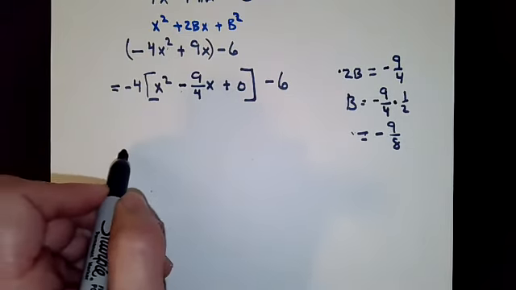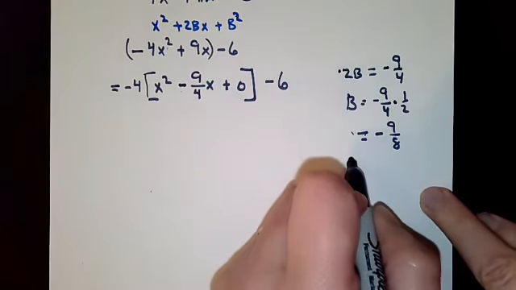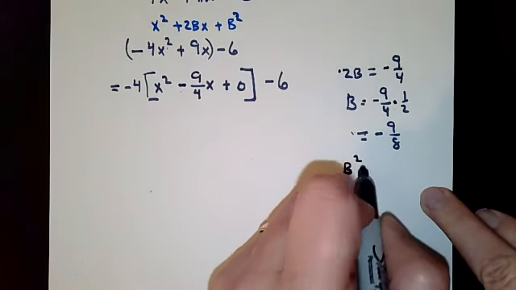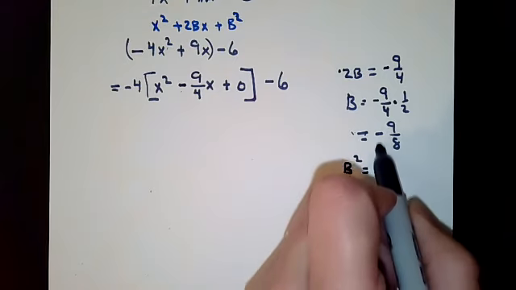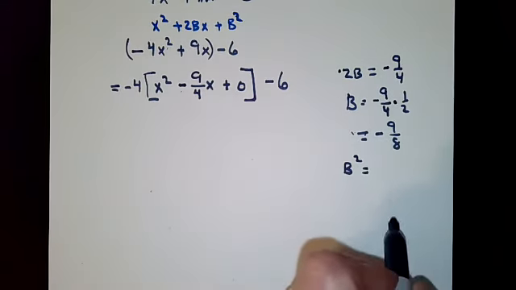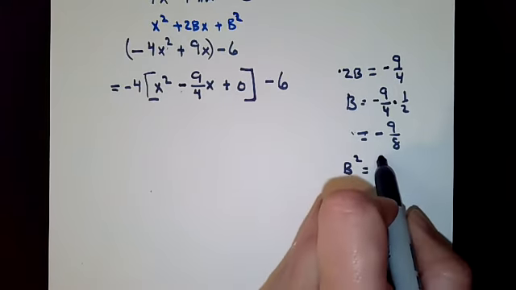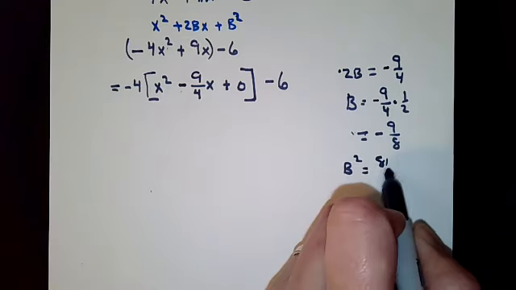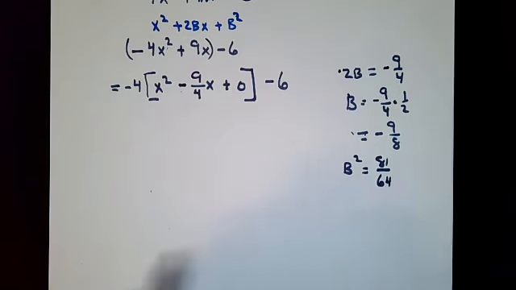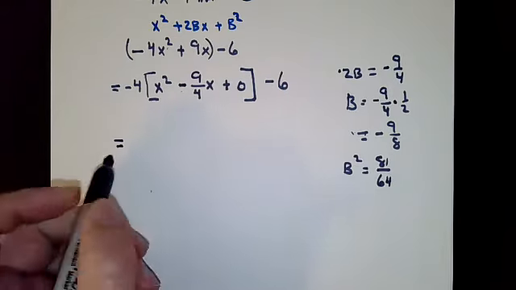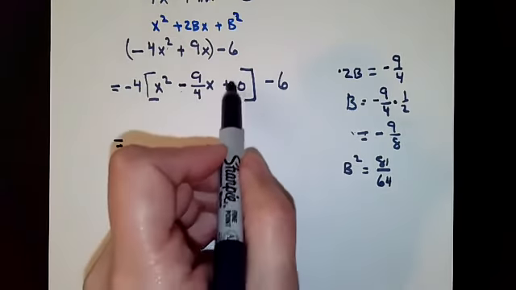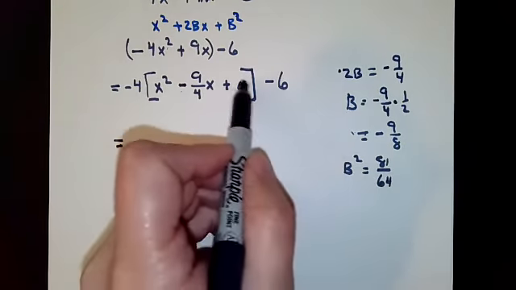So now b squared is negative times negative is positive. 9 times 9 is 81. 8 times 8 is 64. So we will use the b squared to rewrite the 0.